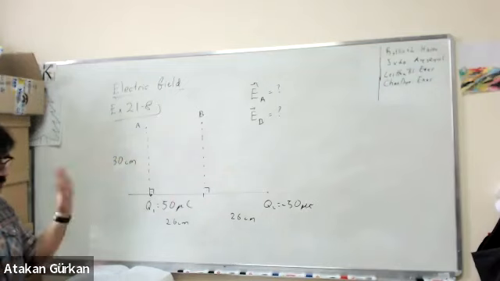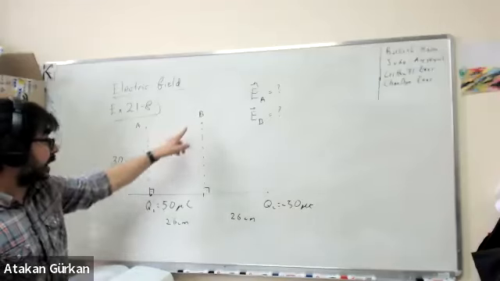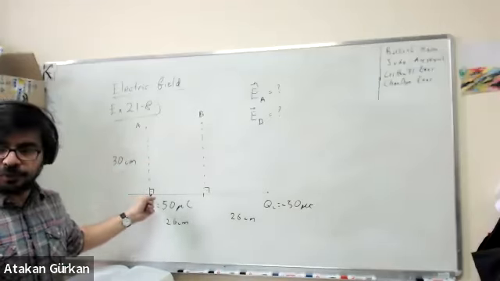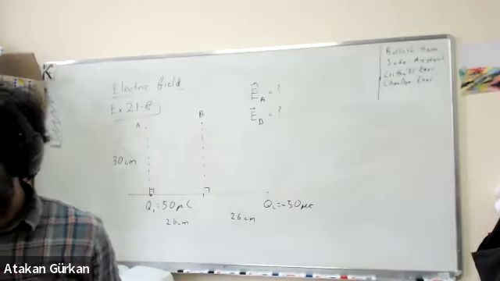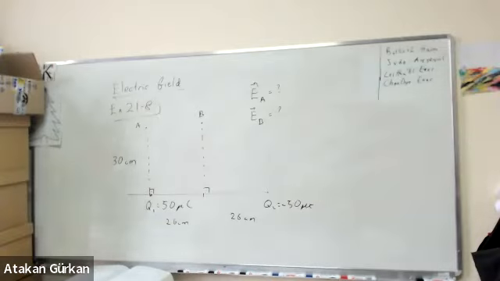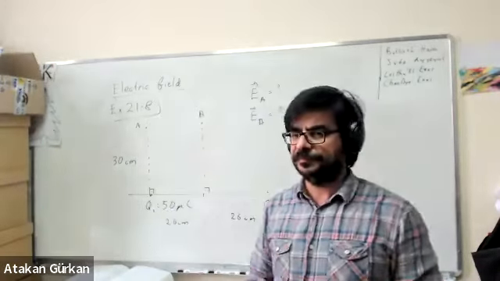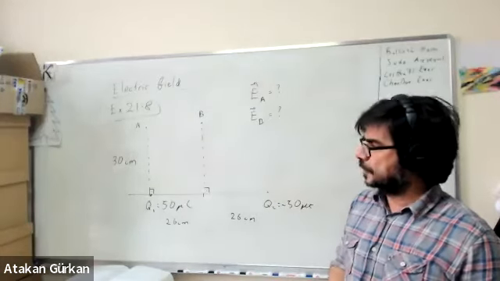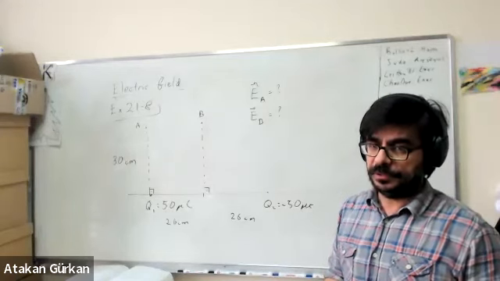So let's just assume I calculated this. Can you calculate the distance from A to this point Q1, or from B to this point Q1? Is there anyone who says, oh, that's just out of my league, I can't do it? Don't say that. If the situation is described well enough, you should be able to calculate it. In this case, it's simple. You just use Pythagoras theorem.